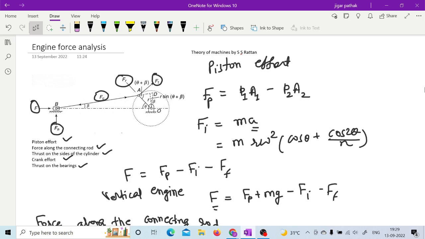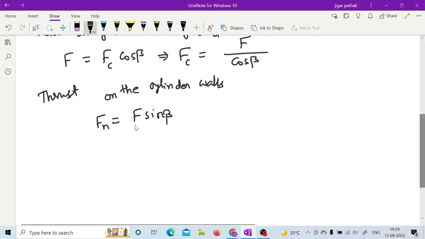This thrust on the cylinder wall can be given by Fn, which is represented with Fc sine beta, right? Here you can see, this is Fc and this is Fn, which is the vertical component. So this vertical component can be represented with Fc sine beta, right? So here, sorry, actually it is Fc sine beta.